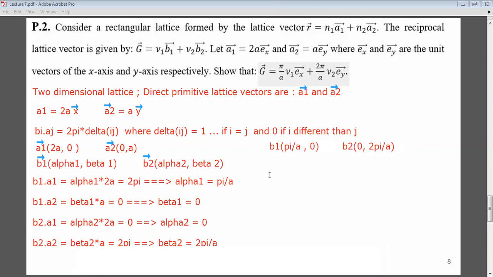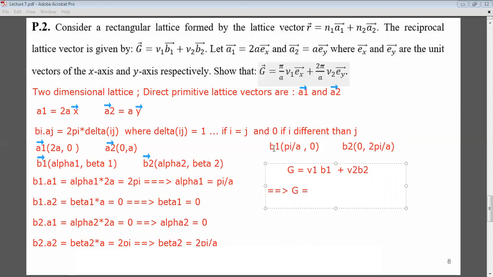Now, let's write vector G. Vector G is equal to V1 vector B1 plus V2 vector B2. So vector G is equal to V1 times vector B1.